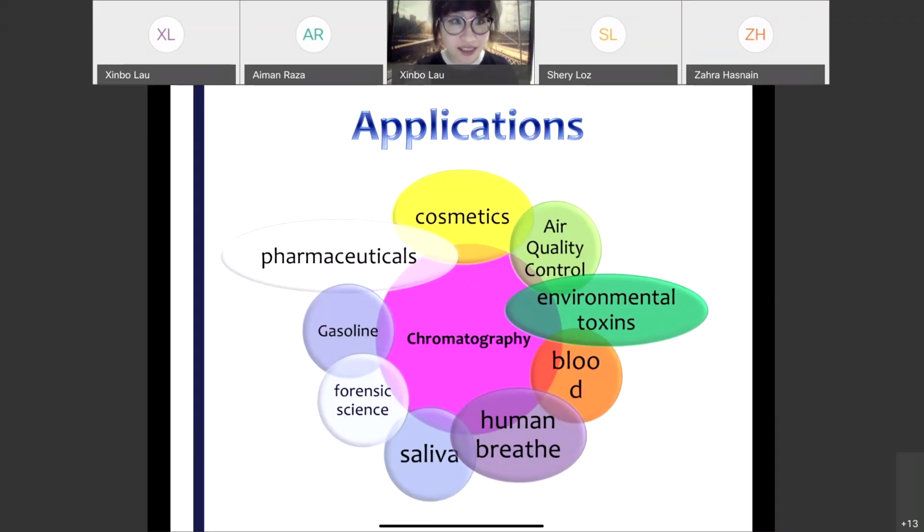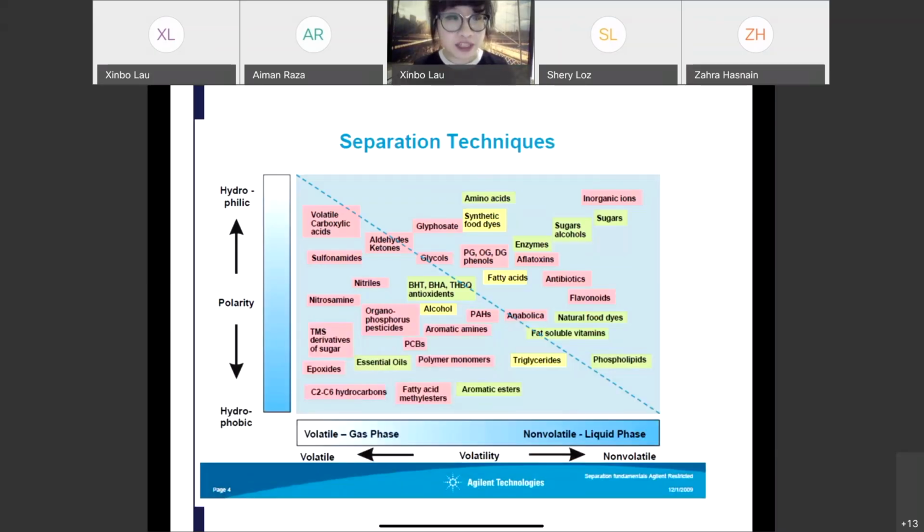And from yesterday, you also needed to know the difference between AES and AAS and what they stand for. Those are already listed as topics as well. And for the separation, as we said, that's a separation technique. You have a mixture, and depending on what your target is, you can choose either gas chromatography or liquid chromatography.